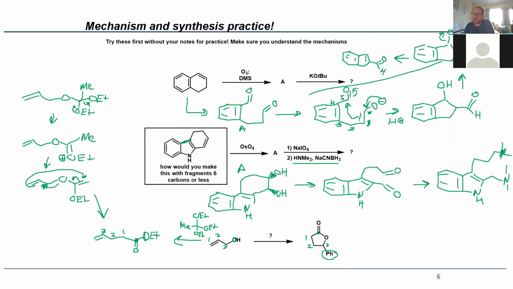And so what I would suggest is an oxidative cleavage of this alkene. So if I did ozonolysis and DMS, that would give us the corresponding aldehyde.